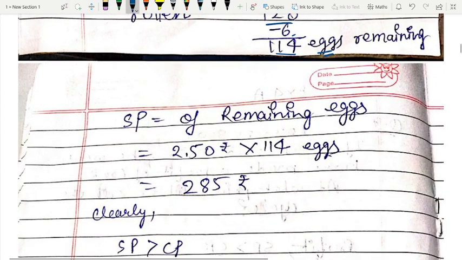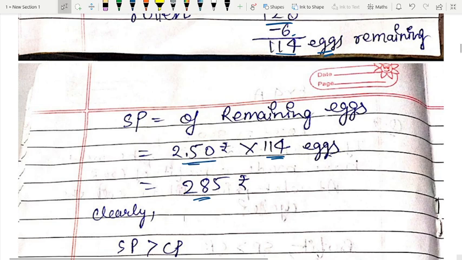The rate of the remaining eggs is given as 2 rupees 50 paise. So 2 rupees 50 paise multiplied by 114 eggs, the selling price will be 285.